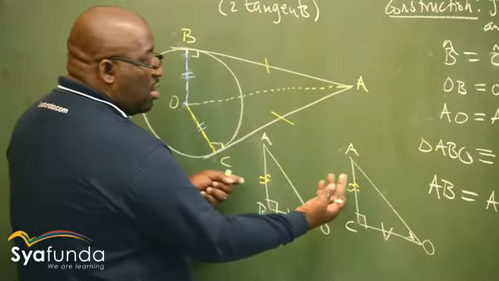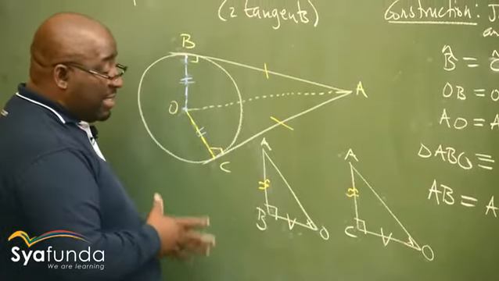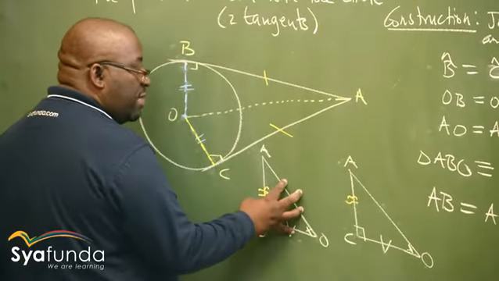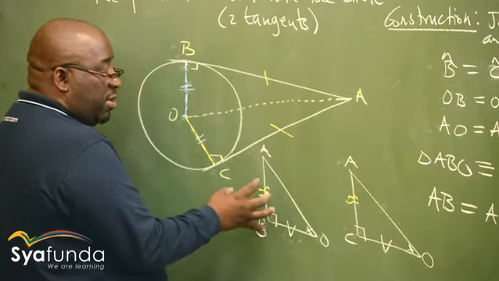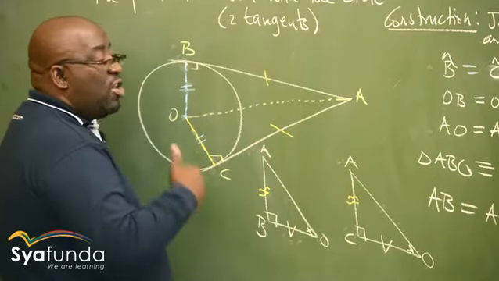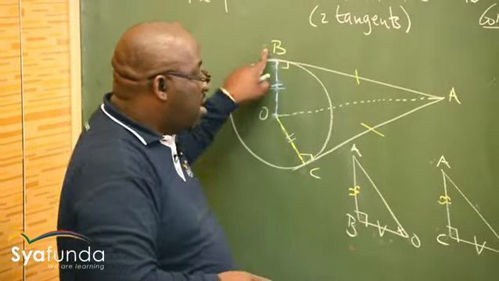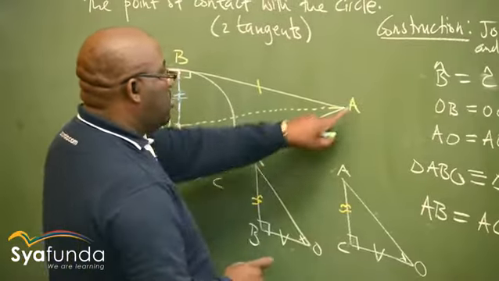If these two triangles are congruent, therefore the corresponding sides are the same. If I take this triangle and put it exactly on top of this one, we won't see that there are two triangles on top of each other because they are equal in all respects. So that's how we'll go about proving that AB is equal to AC.